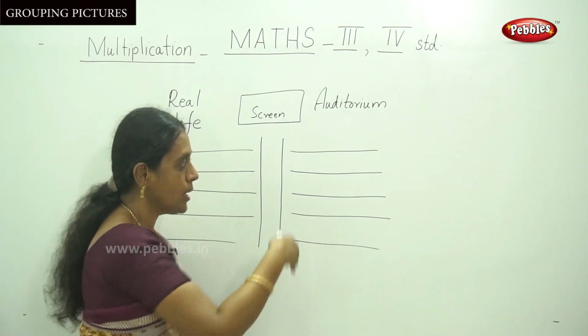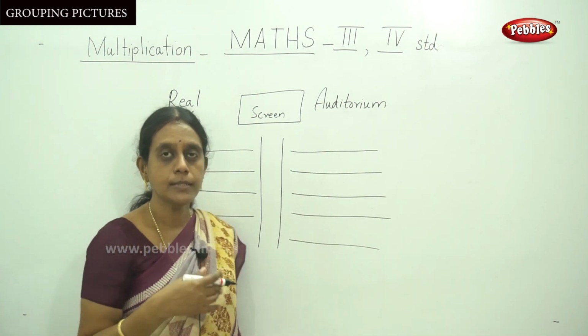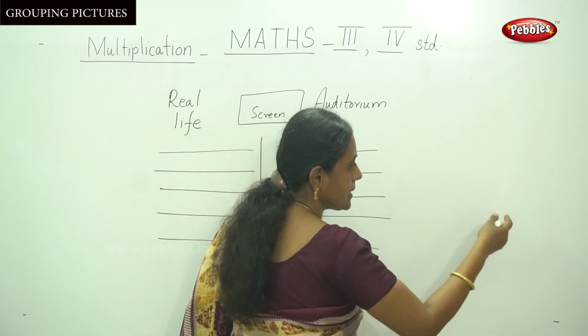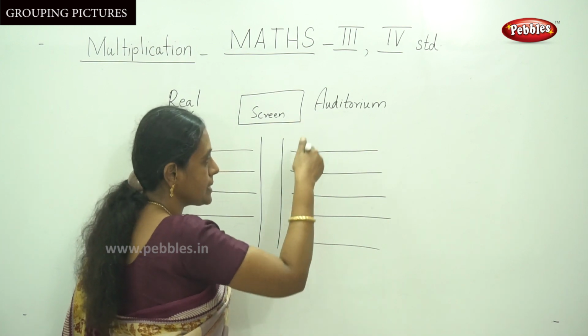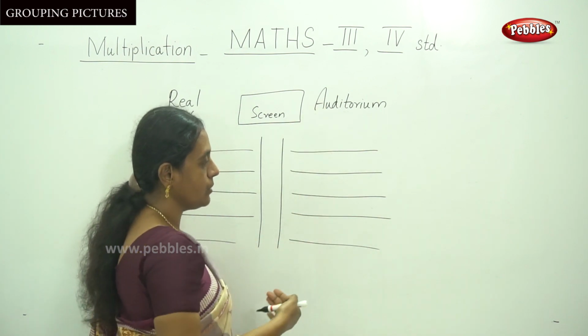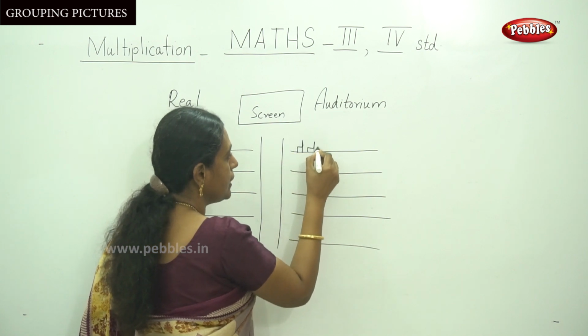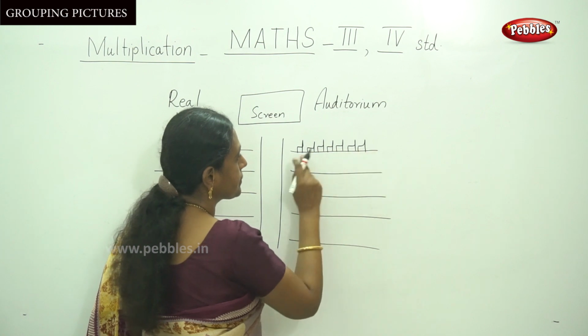These are rows and these are columns. Rows are horizontal lines, and a column is a vertical line. Each row has 10 chairs.